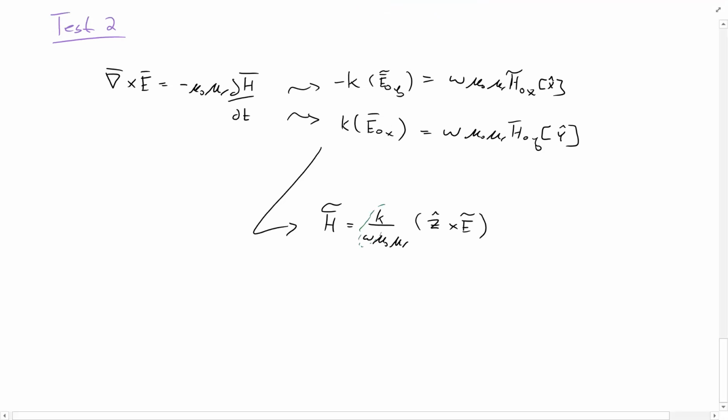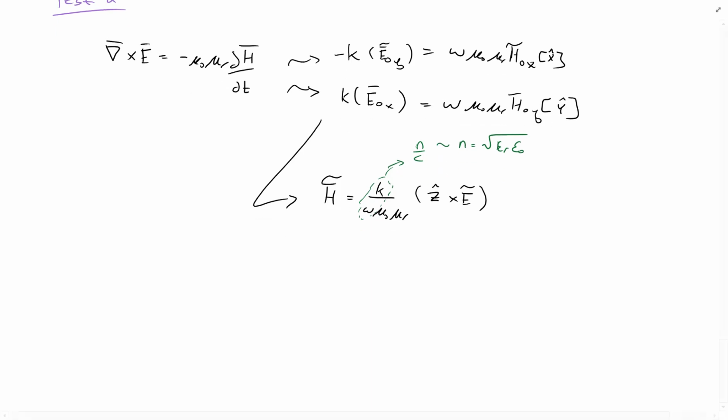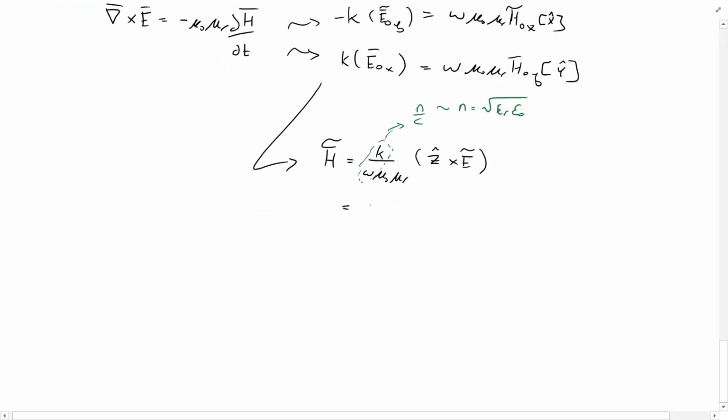So our spatial and temporal frequencies here, we know that these are equal to our refractive index over the speed of light, where our refractive index is the square root of our relative and free space permittivities. So just writing this out further here.